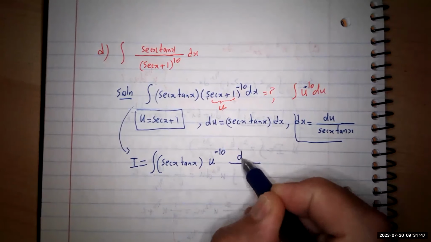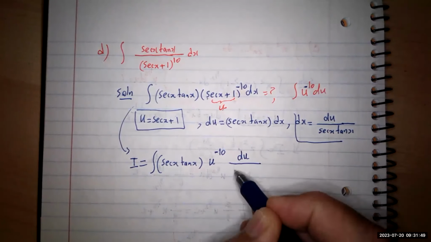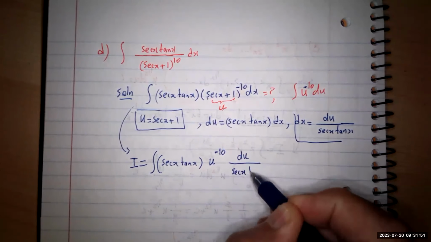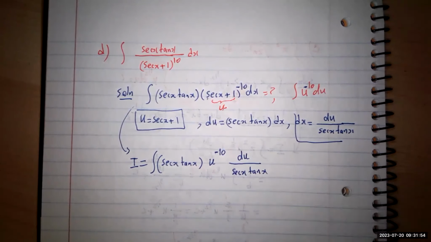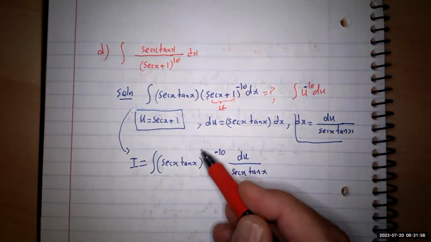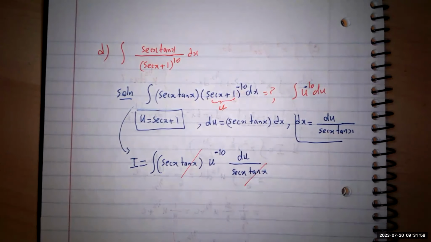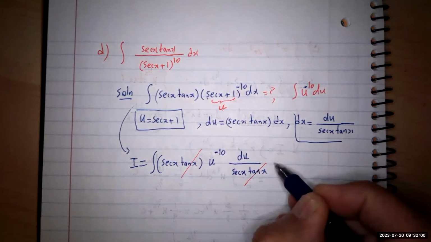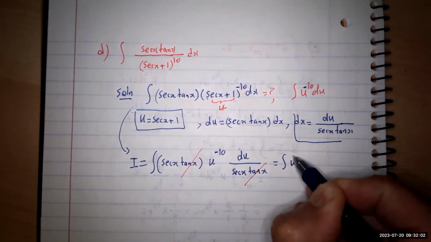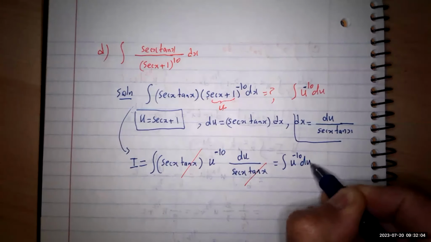Your dx is going to be du over secant of x tangent of x. As you can see, these two cancel out, so you end up with the integral of u to the negative 10 du, as you predicted.